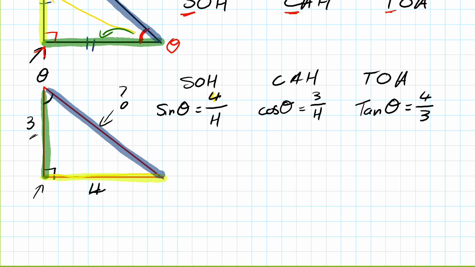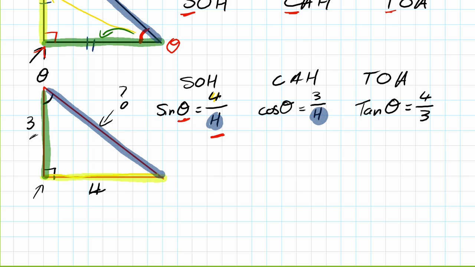But remember what our goal is. Our goal is here to find the hypotenuse. Well, if we take a look at this, I don't actually have enough information to solve for any of them yet. In these two equations, I have 2 variables, theta and h. I need to have the information for at least 2 and have only one of them missing.